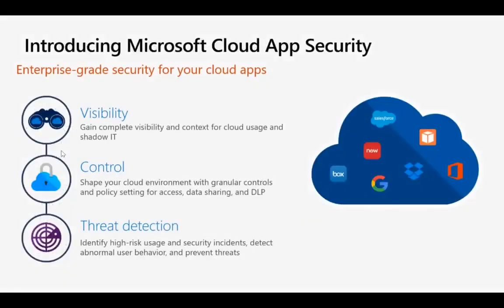With the introduction of the Cloud App Security Portal, the portal, guys, that we saw earlier is what we are talking about now. It gives you the complete visibility, the control, and the leverage to mitigate the risk.